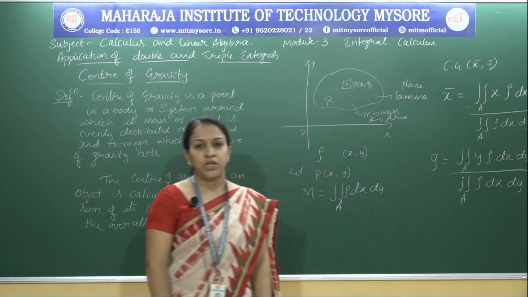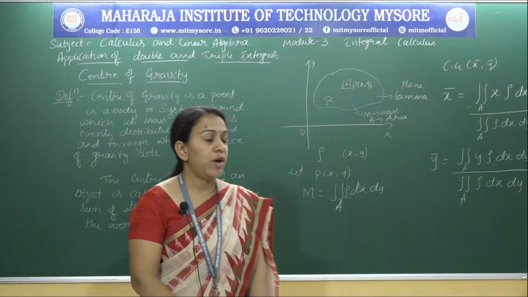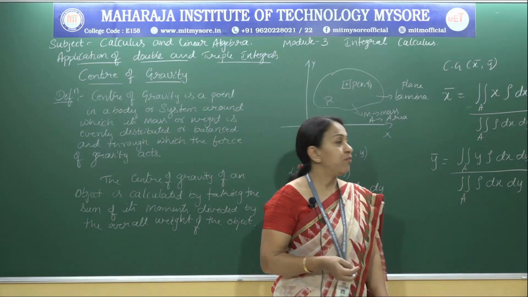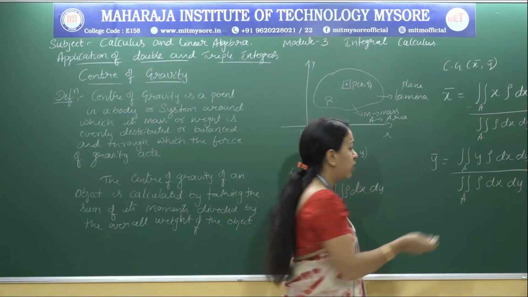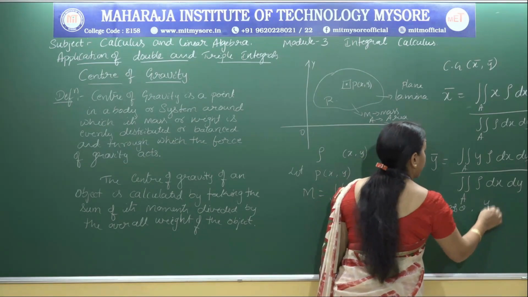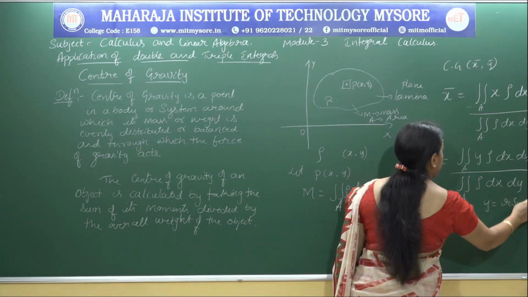If we have Cartesian coordinates x comma y, using polar coordinates we know the standard form, that is x equal to r cos theta and y equal to r sin theta.